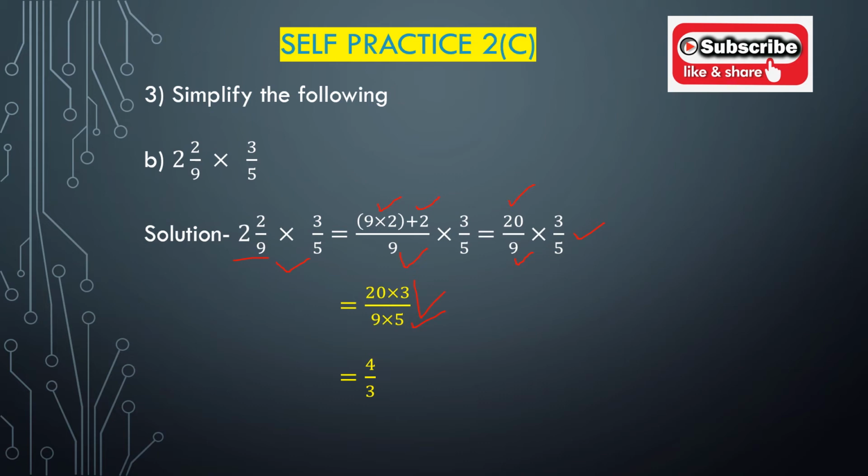Now cancel 5 with 20, 5 multiplied with 4 is 20, and cancel the numerator 3 with 9. 3 multiplied with 3 is 9. So we get 4 in the numerator and 3 in the denominator, 4/3. So we get 2 2/9 multiplied by 3/5 equal to 4/3.